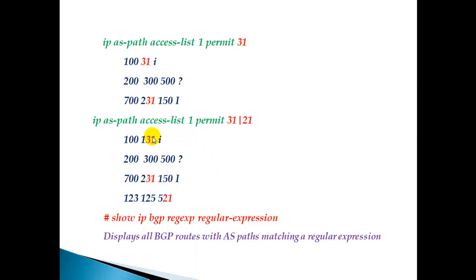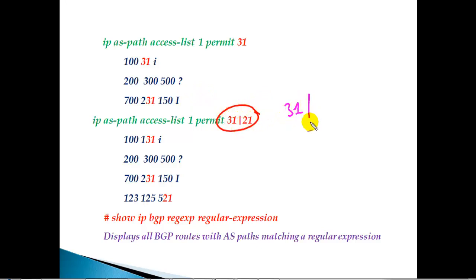So let's go to the next one, ip as-path access-list 1 permit. Now when I use this symbol here, the pipe symbol, it is more similar to your OR operator. So it is going to match either 31 or 21. I've got 4 examples here to understand.